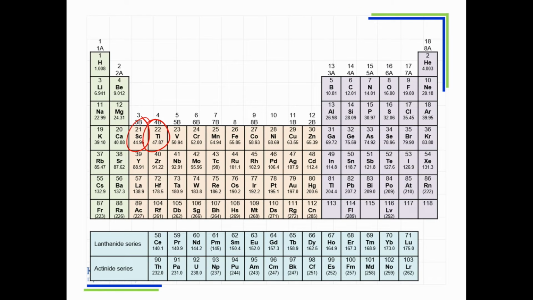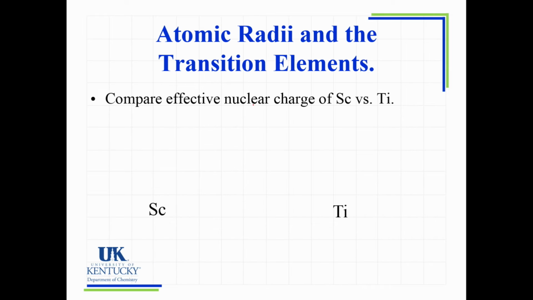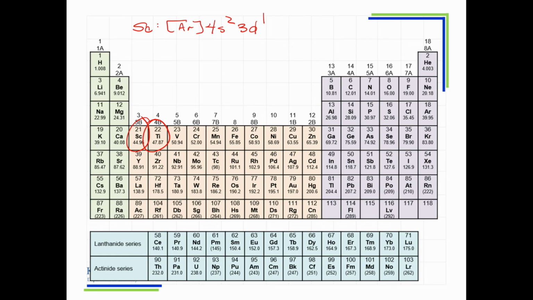Well, let's do it here on the screen. Sc's electron configuration, we find the noble gas before it, is argon. And then we come down here, 1, 2, 3, 4, 4s2, 1, 2, over 1, that's 3d1. All right, and then we'll do titanium.